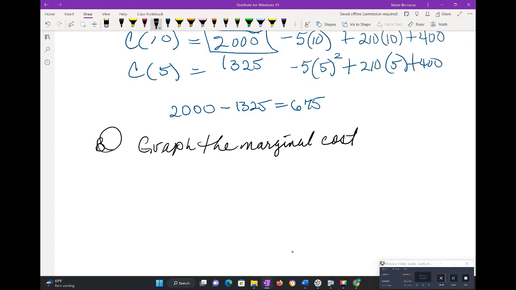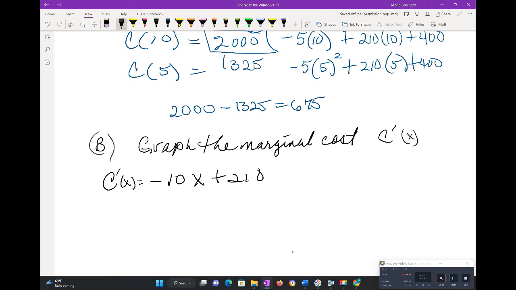So in essence, we need to find that first derivative, which is easy to take. We end up with negative 10x plus 210. So that's our first derivative of our cost function. Okay, and they again want us to evaluate it at 10 and at 5.